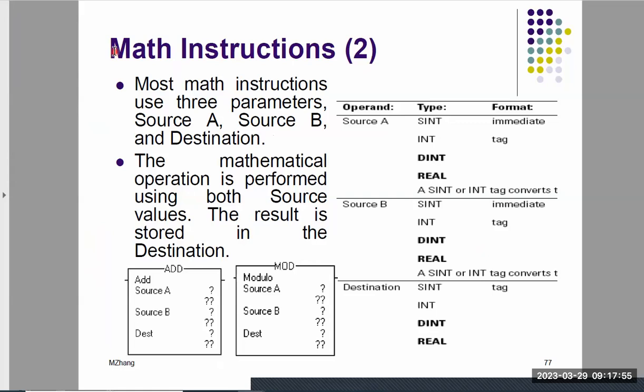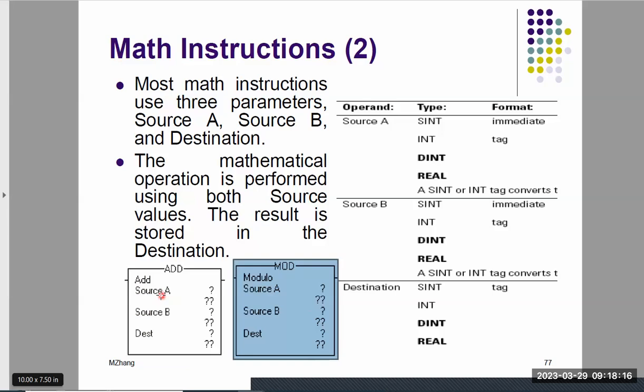Most of the math instructions use 3 parameters, right? So you can see over here we have ADD, and this one has the remainder MOD, right? Within the box, we have 3 positional parameters.